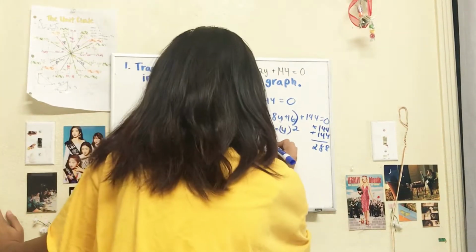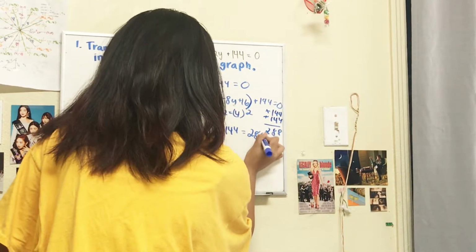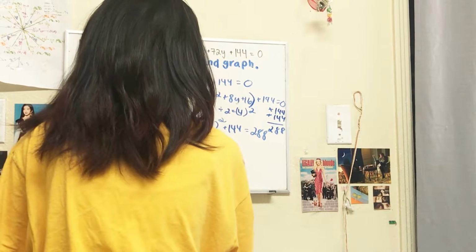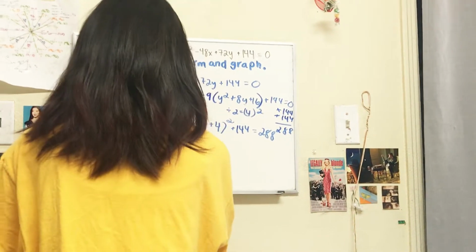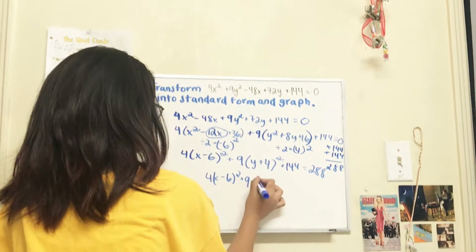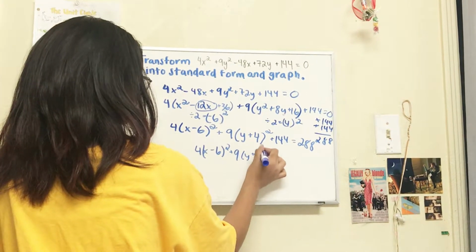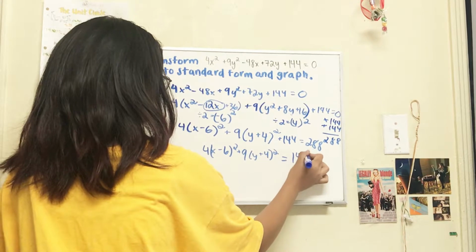And then over here, we want to get rid of this 144 by subtracting it from both sides. And then in that case, we will get 4 times x minus 6 squared plus 9 times y plus 4 squared equals 144.